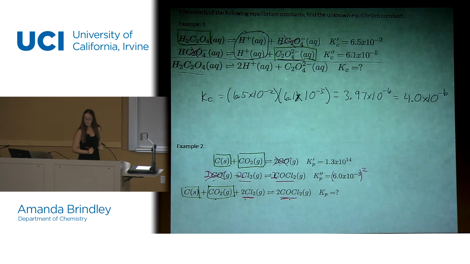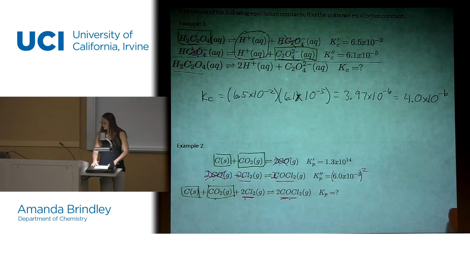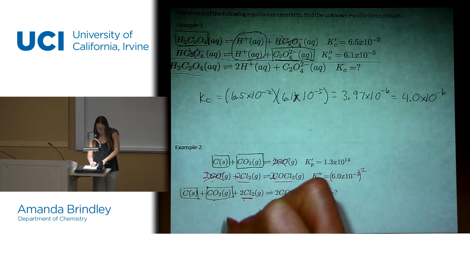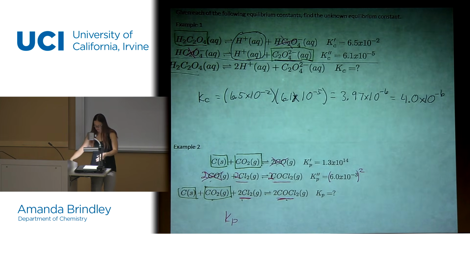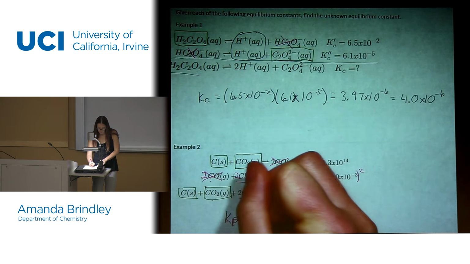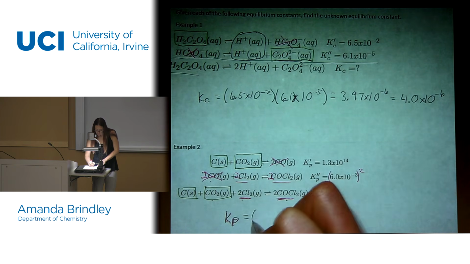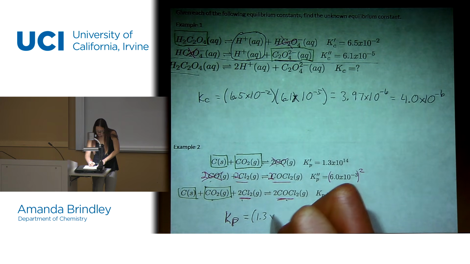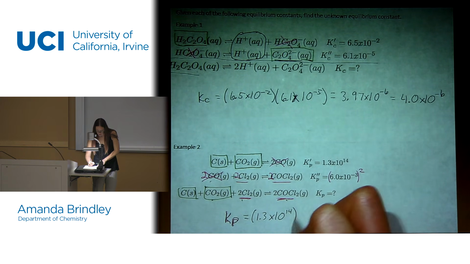We square that. And now when we go to figure out our final answer, we say our final Kp is equal to our first equation. We didn't do anything to that, so we leave it alone.